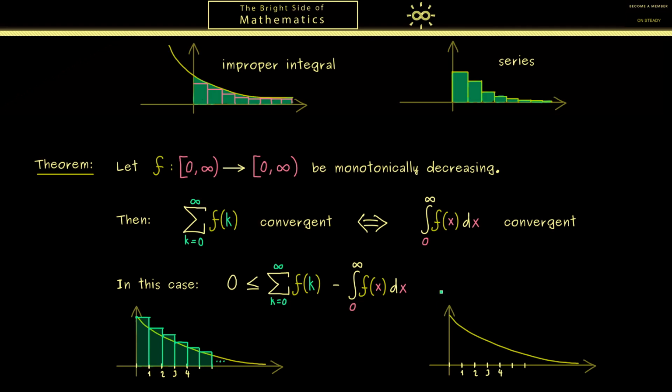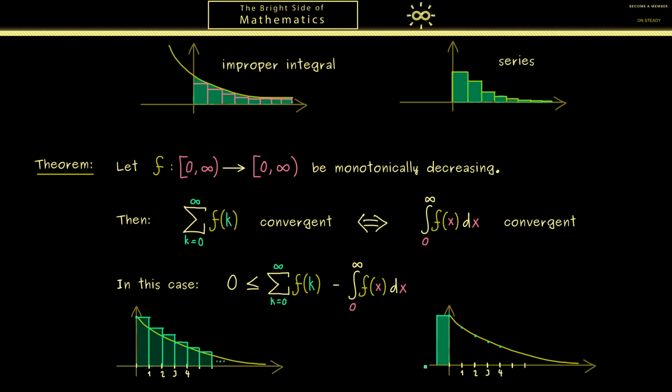Now, in order to explain the other implication, we have to look at the picture again. Of course, we still have the same values here, but now we have another idea. Instead of drawing the rectangles to the right, we could draw them to the left. Then the first one, for f of 0, would lie outside the area of the integral, but this is no problem at all.